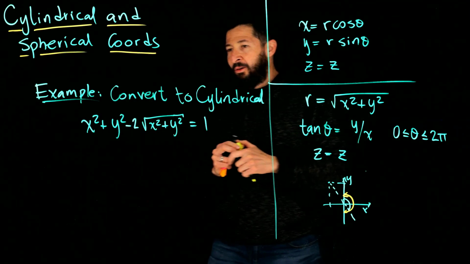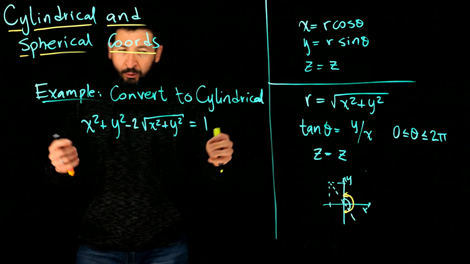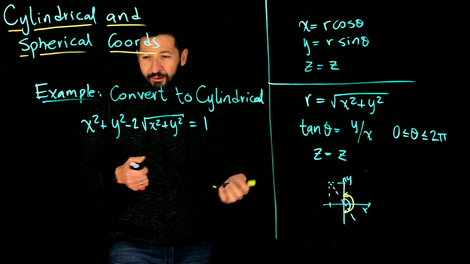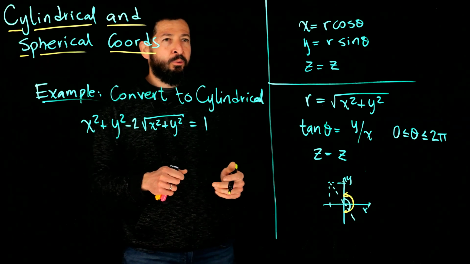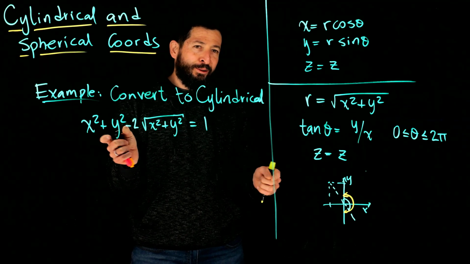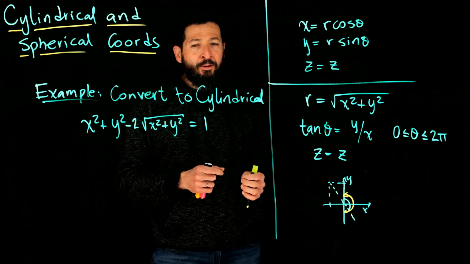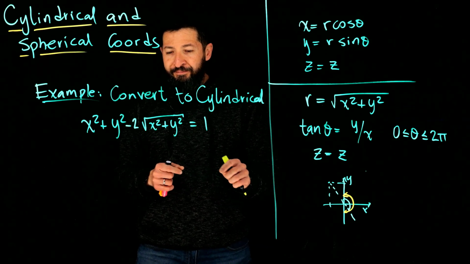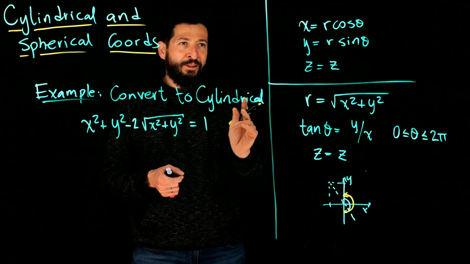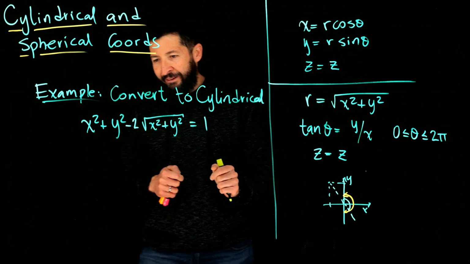All right, so let's convert an equation into cylindrical coordinates, and you see how things work out. Usually you're going to use cylindrical when the equations depend on x squared and y squared, like they do here, and also whenever you don't necessarily have z squared. If you have z squared, we're going to talk about that one later.